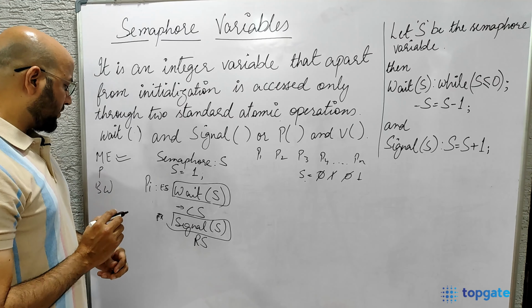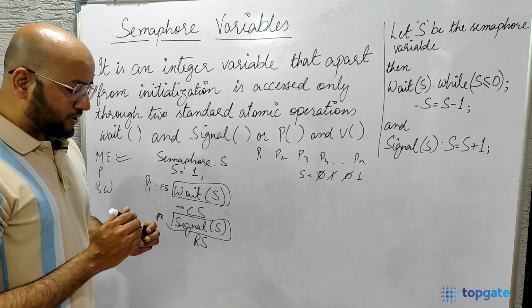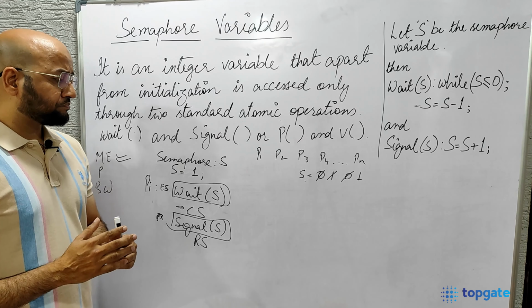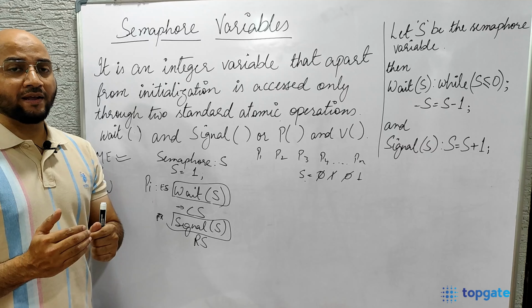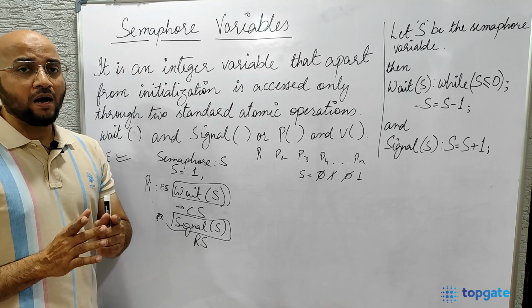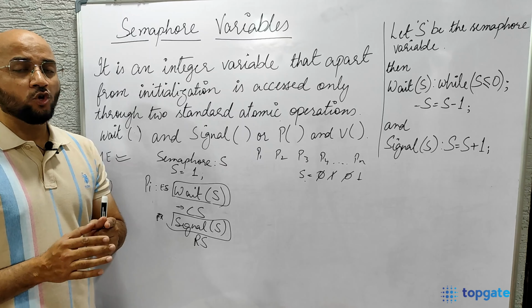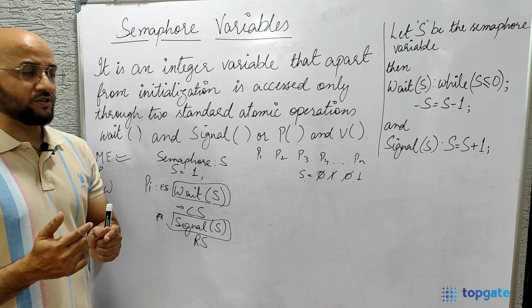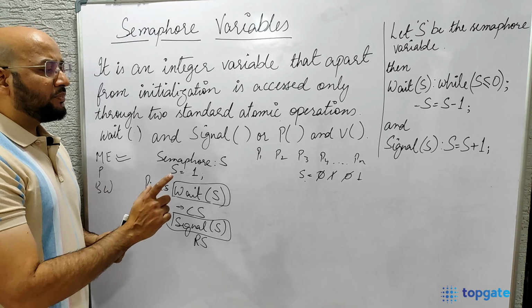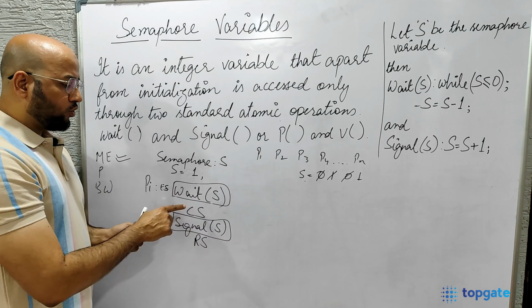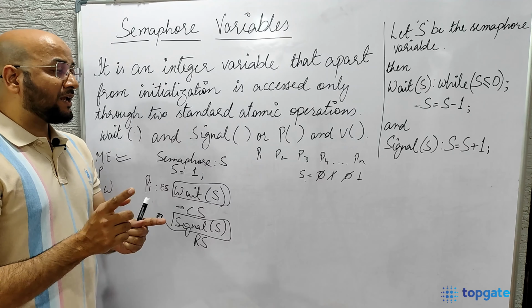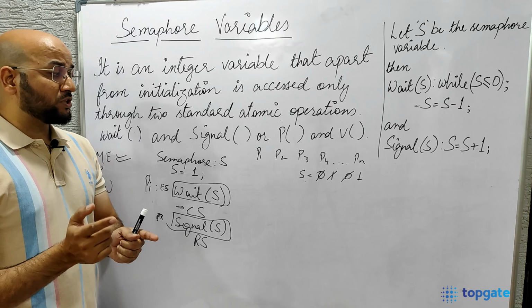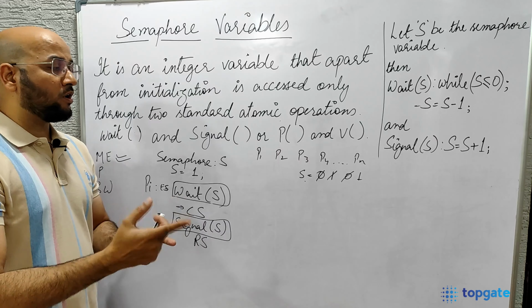Now, what about progress? See, the progress requirement says that only those processes who are willing to go to the critical section must take part in the decision-making process of who will enter the critical section next. Indirectly, we can say that if P1 wants to go to the critical section, P2 should not be allowed to take part in the decision of whether P1 will go now or not.